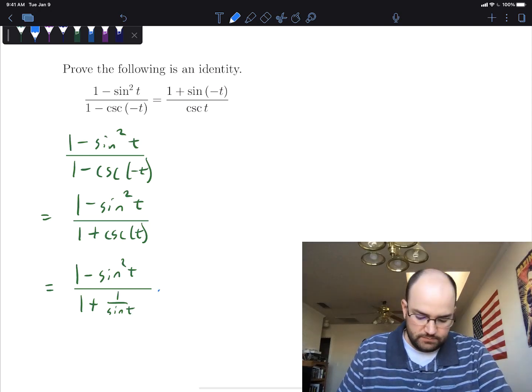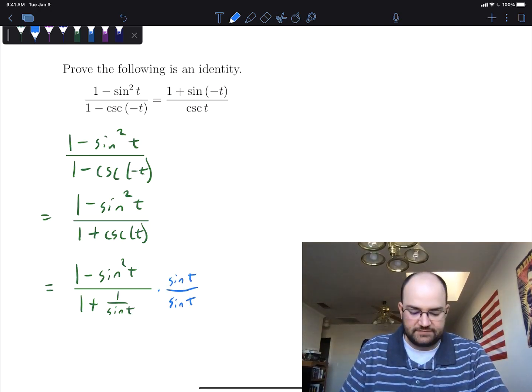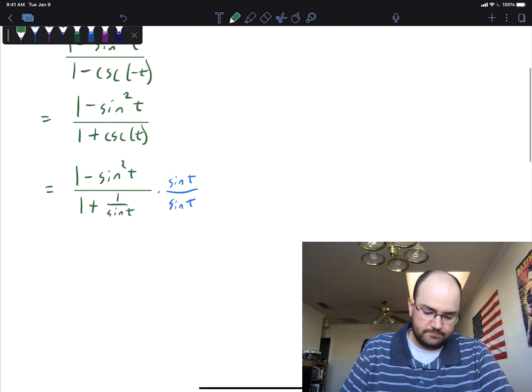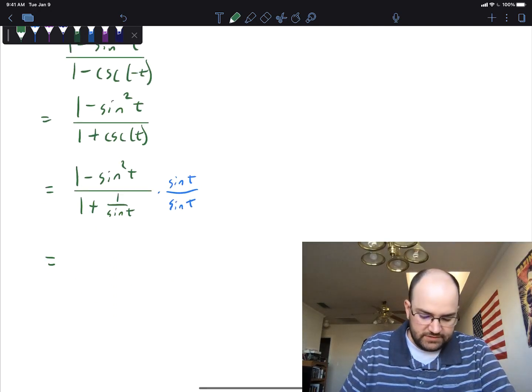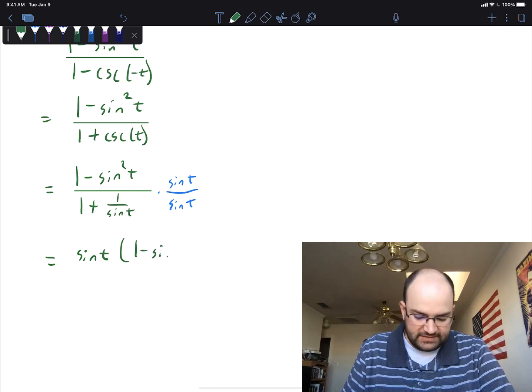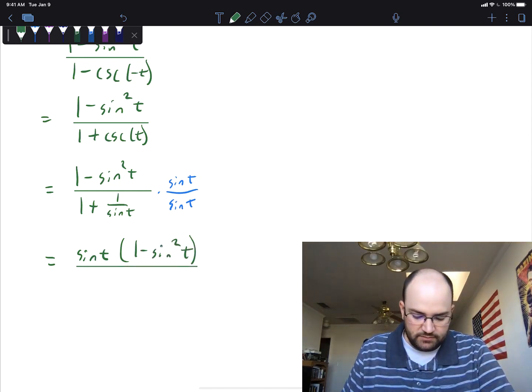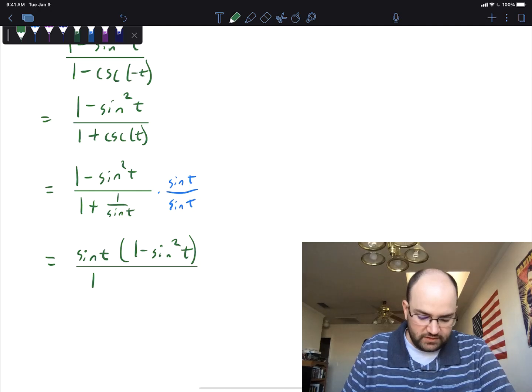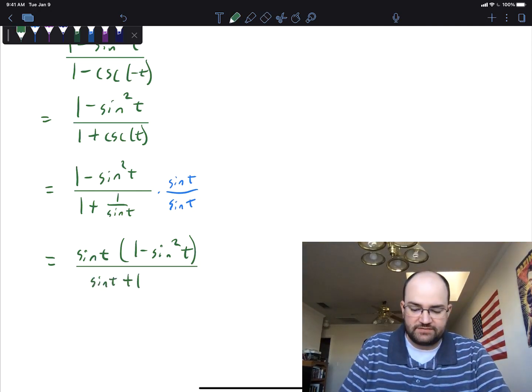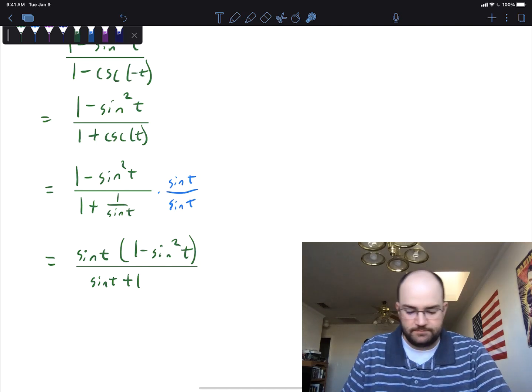So multiply both the numerator and denominator by sine of t. So this is going to give me sine of t times 1 minus sine squared of t all over, and in the denominator we have sine of t plus 1, because I have to distribute this to both of those terms, right?